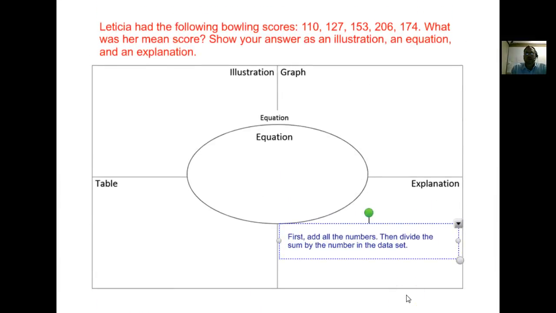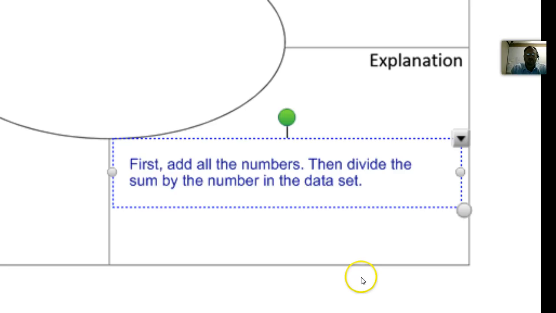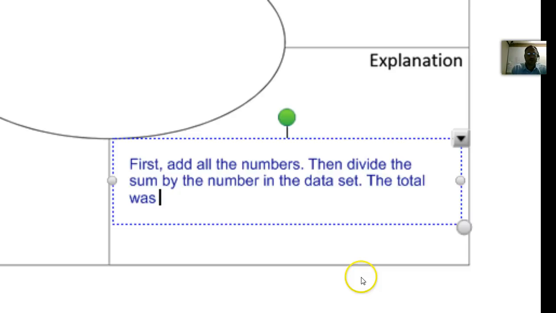So I'm back, and I am saying the total was 770. I divided 770 by 5 to get 154 points.